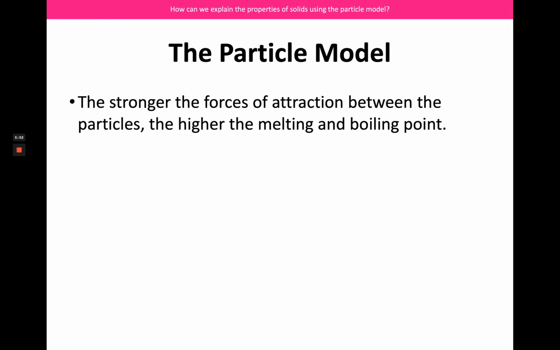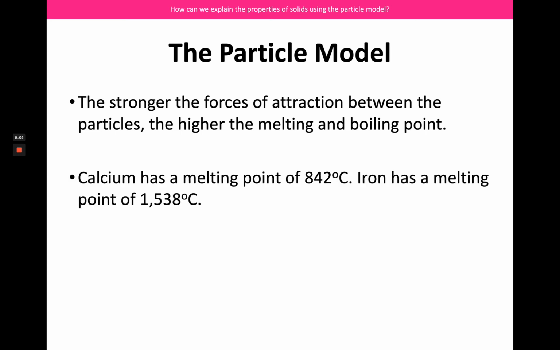We've talked about the forces of attraction. We said in a solid that they are strong, but to get an idea of how strong they are, we have to think about the melting points, and when it's a liquid, the boiling point. So if we just consider two metals, both solid at room temperature, calcium and iron, we can see here the two melting points.